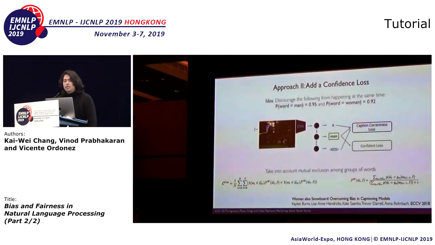Second thing they did is to add a confidence loss. So for images where they didn't remove the person, right, if they had the word man in the caption, they had this confidence loss which tried to discourage things like this from happening, like the prediction of the word being man with 0.95, and at the same time the next second guess woman with 0.92, something like that.